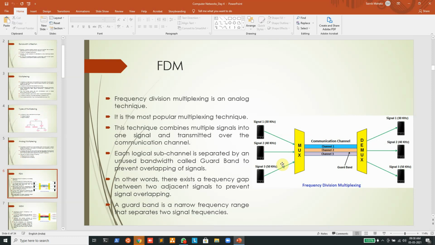If it were a normal channel, only one station could send the data, and the other stations would have to wait before the first station completed sending the data. But in this case, we can use a multiplexer. Using this multiplexer, we can divide this channel into 3 parts, and that will be based on the frequency, right?